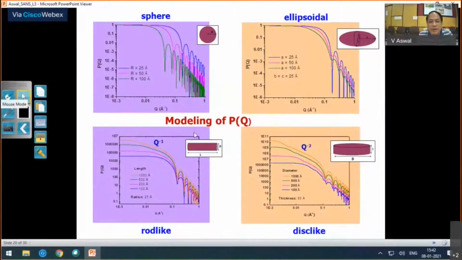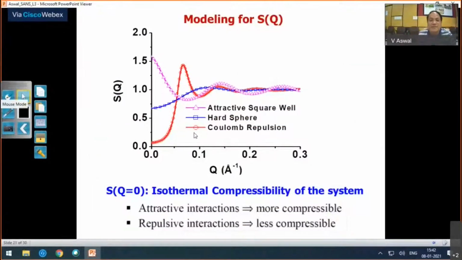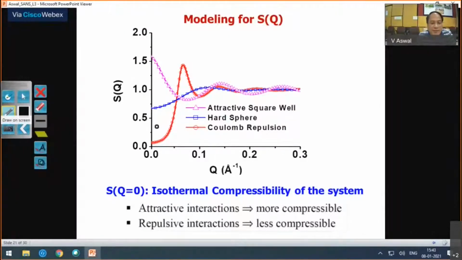And similarly for interaction, you can start by looking at the features in your measured scattering intensity, particularly as I had explained in the first lecture: if you have strong repulsive interaction in the system, then S of Q in the low Q region will be low. And when it is attractive, it's divergent, it's quite high.